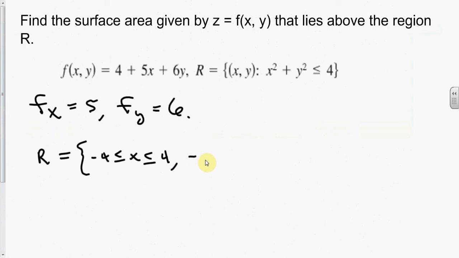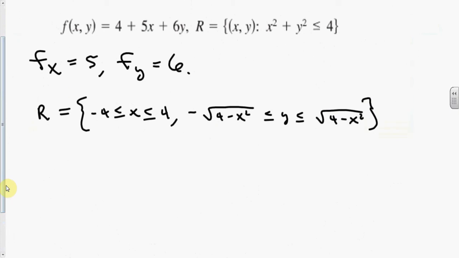And then for y, negative square root of 4 minus x squared less than or equal to y less than or equal to the square root of 4 minus x squared. And when you integrate all of that, you're going to have to use a graphing calculator, trig substitution, or something like that.